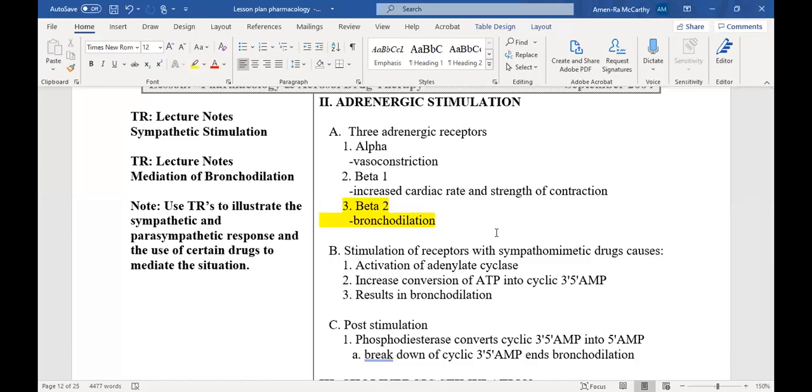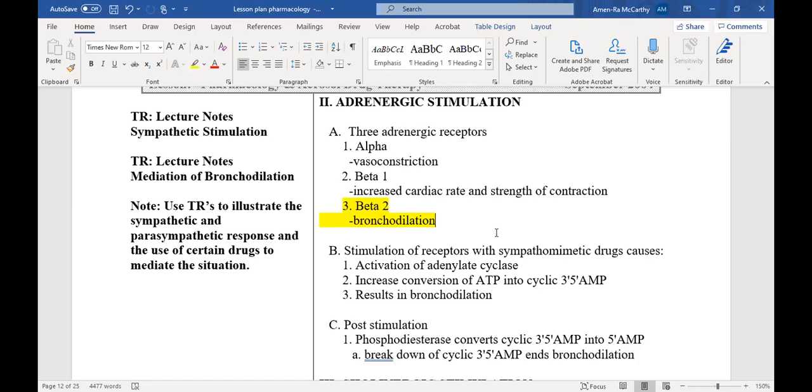We want to find a sympathetic nervous system drug, because the sympathetic nervous system has 3 receptors, period. No other type of drug can touch these receptors. Only the sympathetic nervous system drugs, right? Adrenergic stimulation drugs can touch these 3 receptors. So we know we got to get a sympathetic nervous system drug or an adrenergic drug, right?